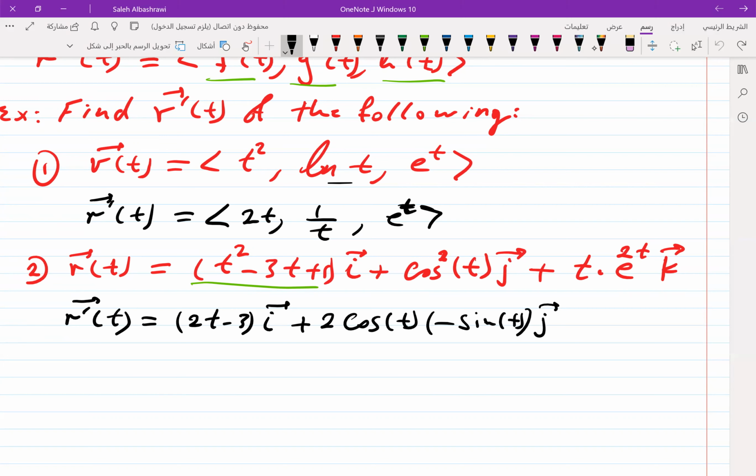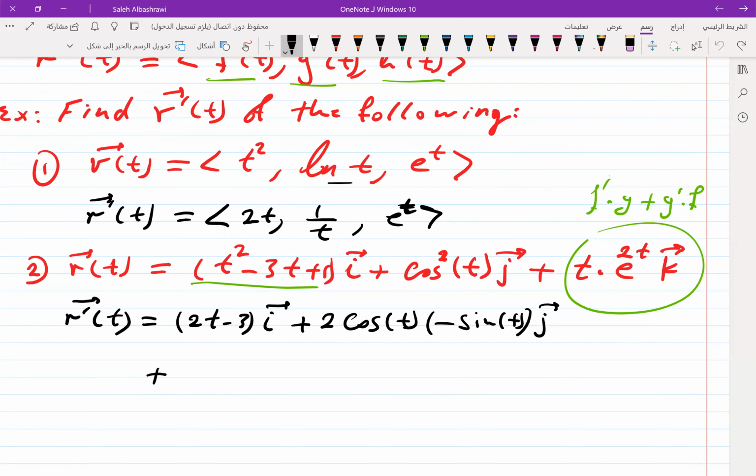For the third one, we need to apply the product rule. The product rule for this one is f prime g plus g prime f. The derivative of the product of two functions equals f prime g plus g prime f.